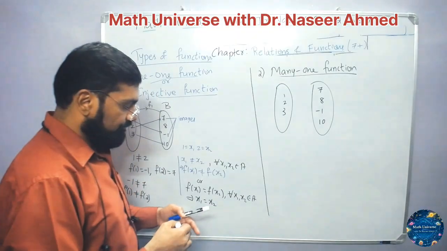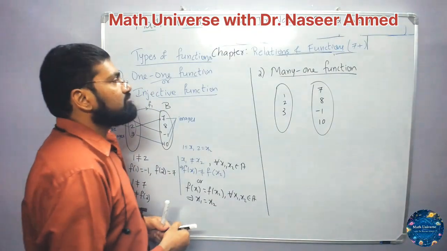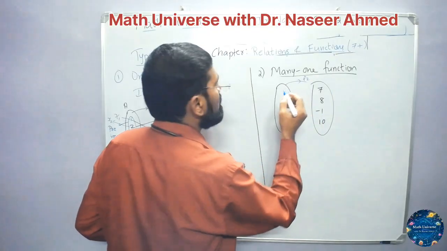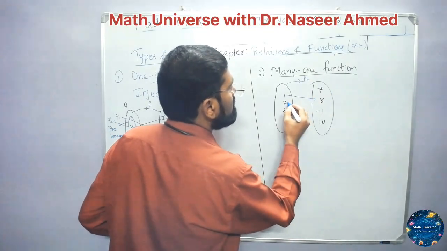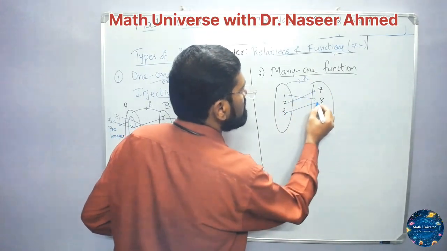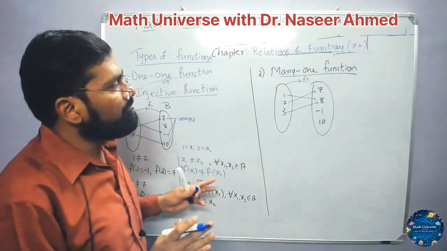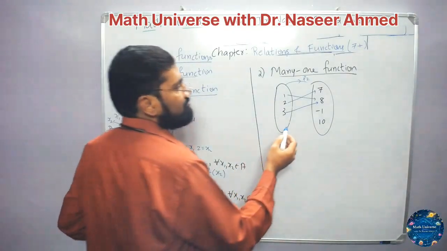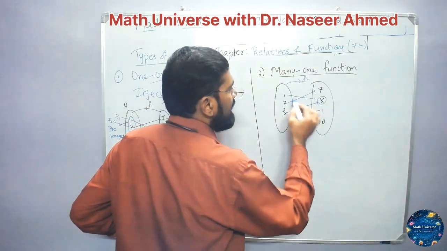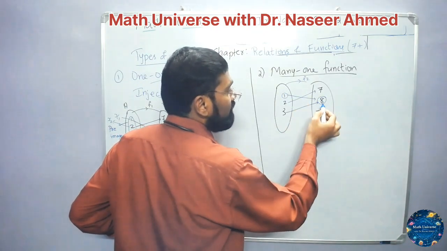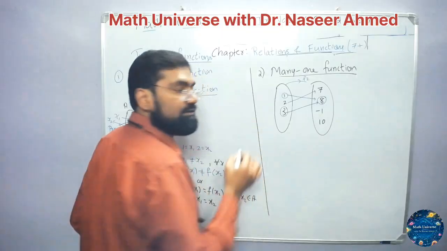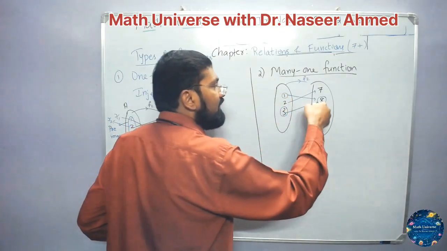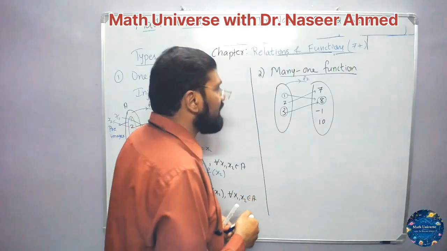We name this f2. Now check, is it a function? Every element has a unique image, yes. But 8 has got two different pre-images, or I can say the image of 1 and 3 is 8. It has got the same image.